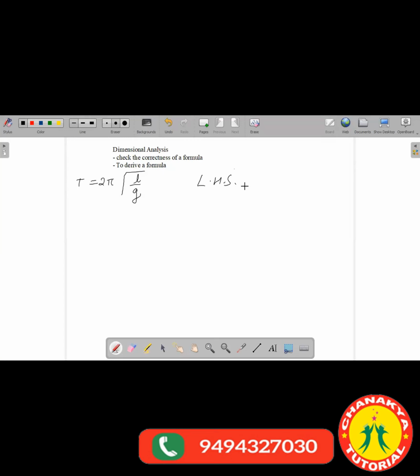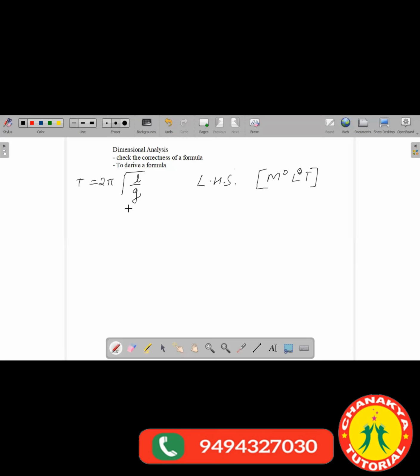On the left hand side, we have the dimensions M0, L0 and T only. So on the left hand side, it has only the dimension T. There are no other dimensions present on the left hand side. The right hand side should have the same dimensions.